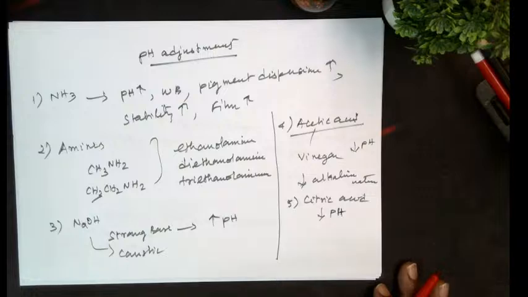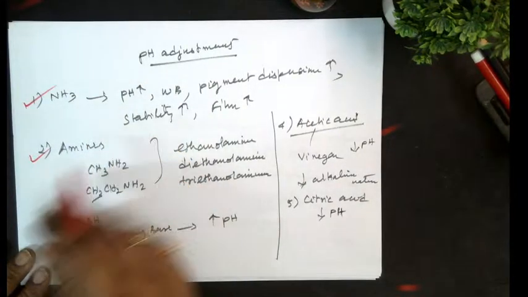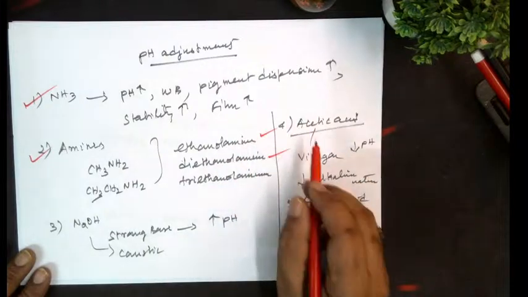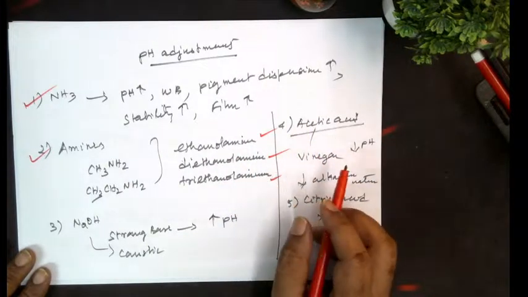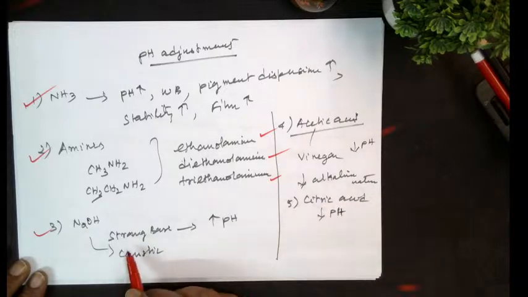Now you may be interested to know how the pH is adjusted, sir, in acrylic emulsion paint. You can add ammonia, you can add amines in various forms like ethanolamine, triethanolamine, diethanolamine, etc. Then you can add sodium hydroxide, even some caustic, but it should be very carefully handled.